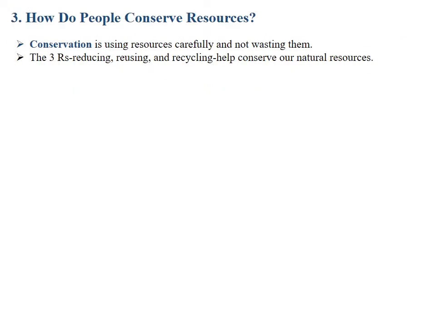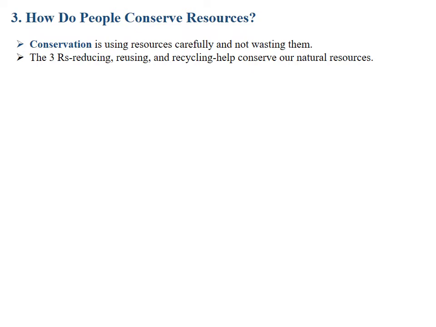Let us see how people conserve resources. You probably don't think about where trash goes after it is picked up. The truth is that trash is a big problem in our countries. There is too much trash and not enough places to put it. Garbage that is not disposed of properly pollutes natural resources, especially soil and water.